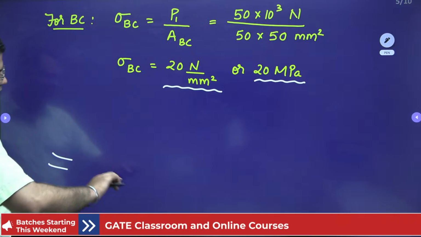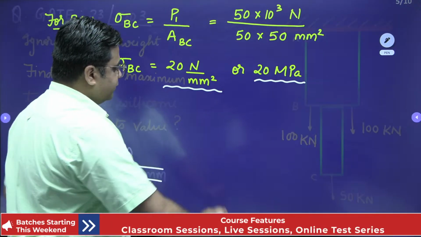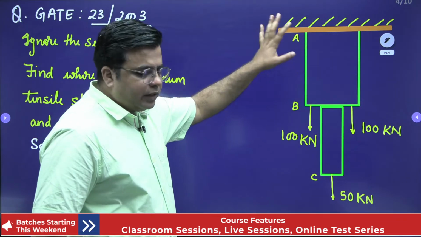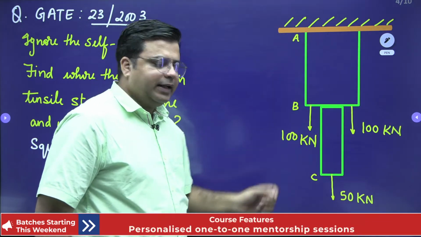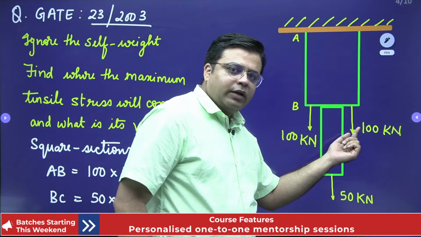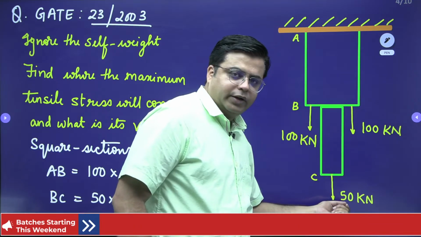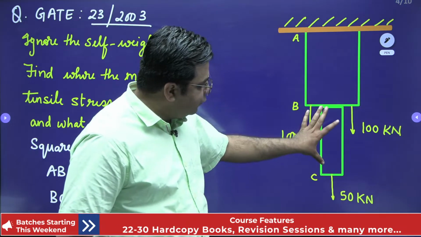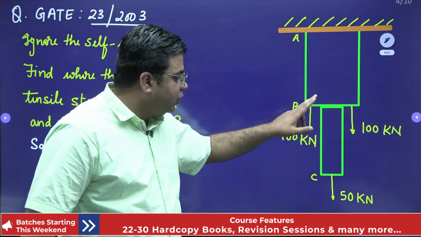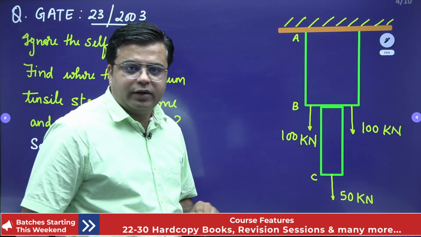Now consider the other portion, that is AB. For AB, the total amount of load acting is 100 kilonewton, 100 kilonewton, and one more 50 kilonewton. We will not consider the weight of BC because in the question it is clearly mentioned that you have to ignore the self weight of the member.